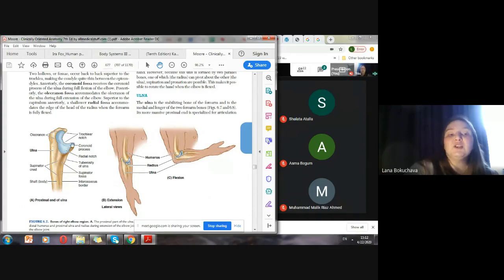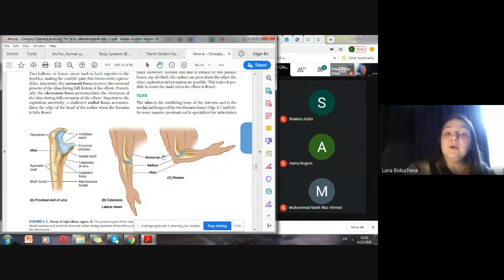In addition to the olecranon and its trochlear notch, as well as the coronoid process, you have on the lateral side of it an invagination, which we call the radial notch. And here the head of the radius is articulating directly with the ulna.